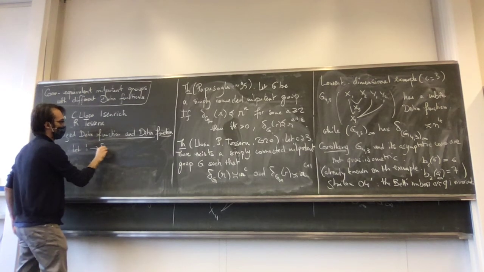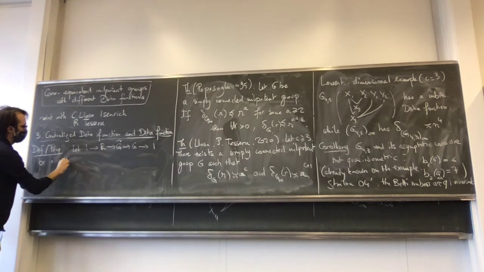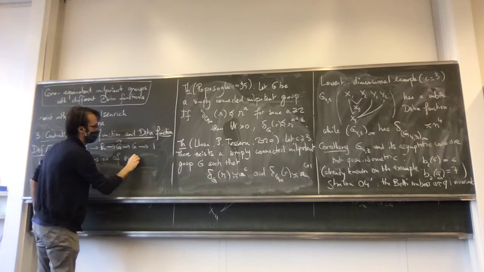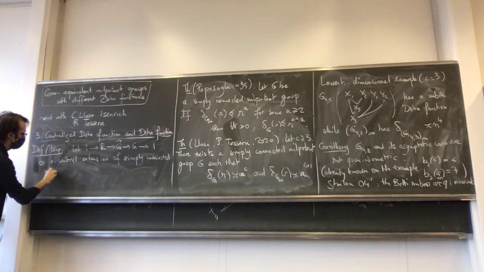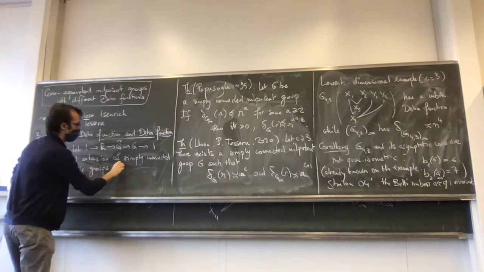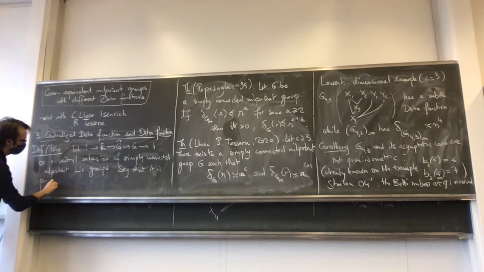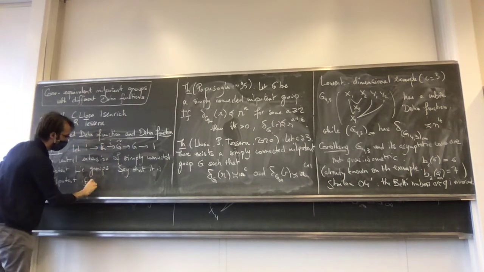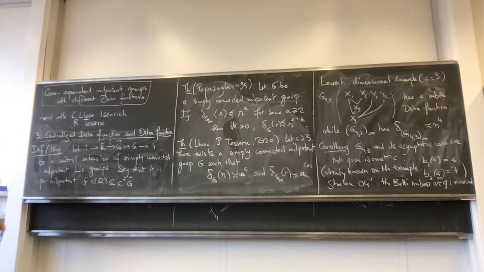So I will take a central extension between nilpotent groups. It says that it is P-central if the inclusion of R sits in the P-th term of the lower central series.